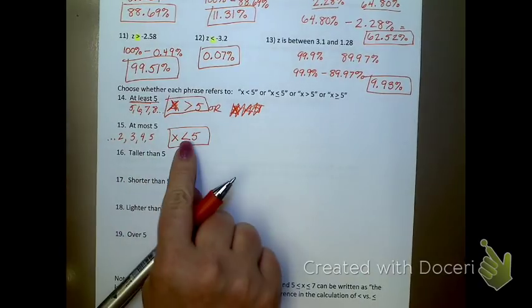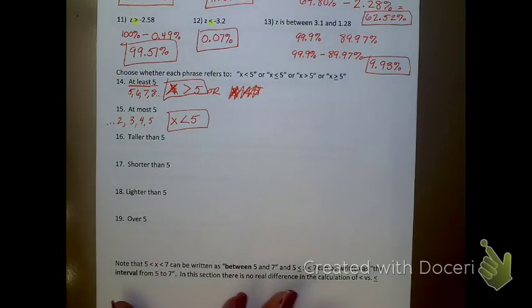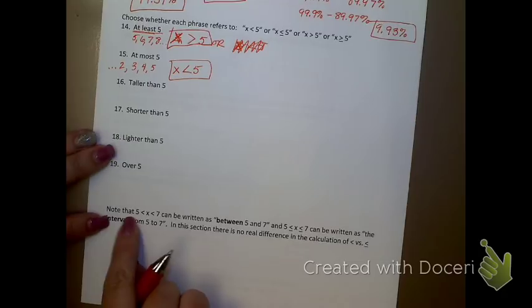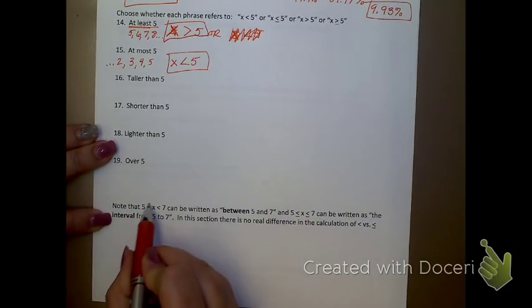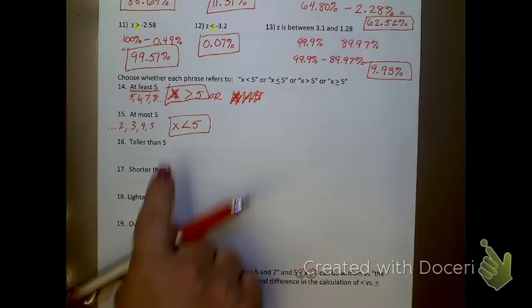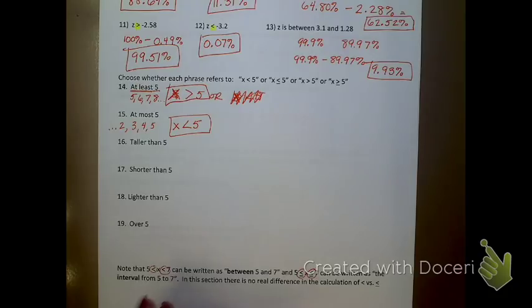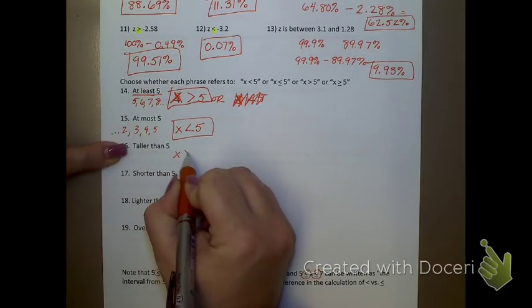For our purposes, it doesn't really matter if you use less than or equal to, or greater than or equal to. I think Ms. Armstrong kind of noted that down there. It doesn't really matter whether we use these symbols or these symbols, but it does matter that you're going the correct direction. Taller than 5 is greater than 5.